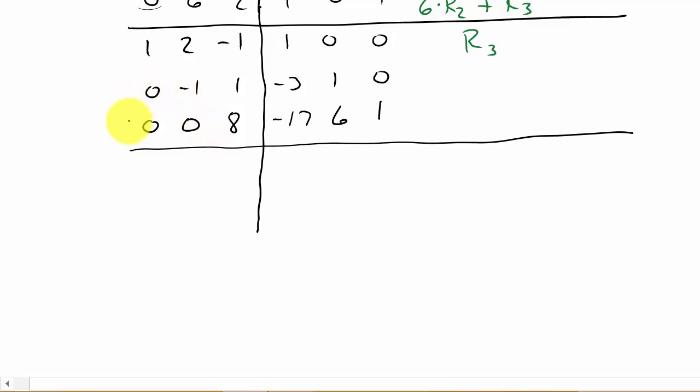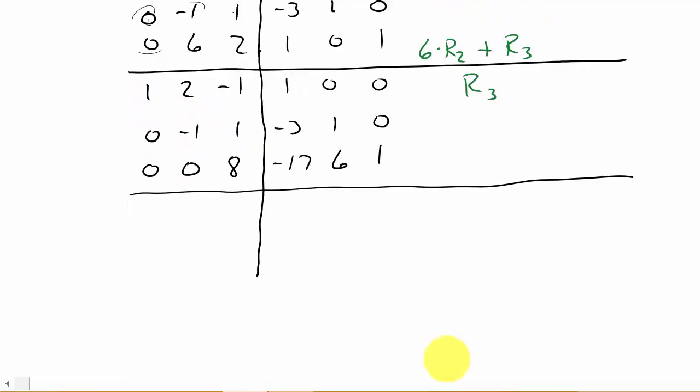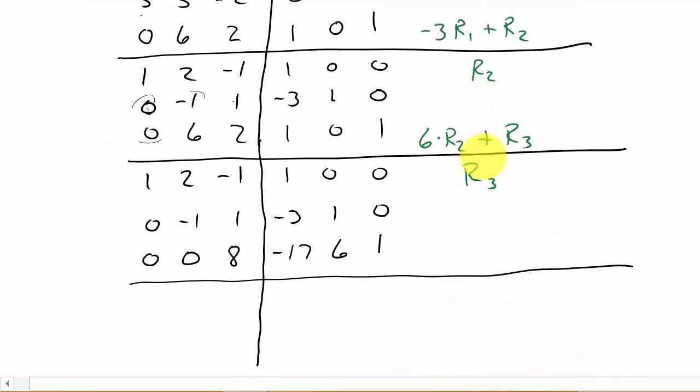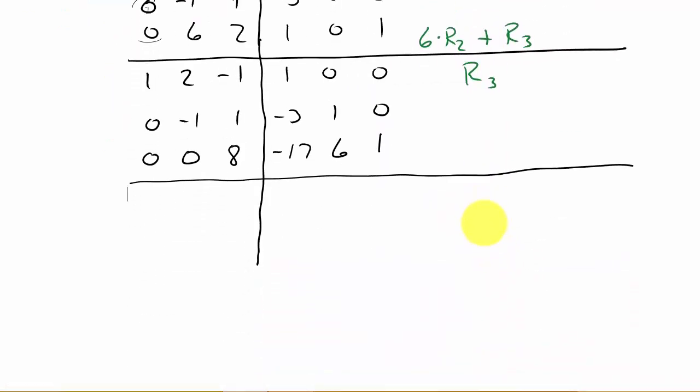I've got all of these to go to 0. Okay, but now what do I have to do? I need to get these to go to 0. Okay, so, well, here we go. Well, we could get this to go to 0 using this.